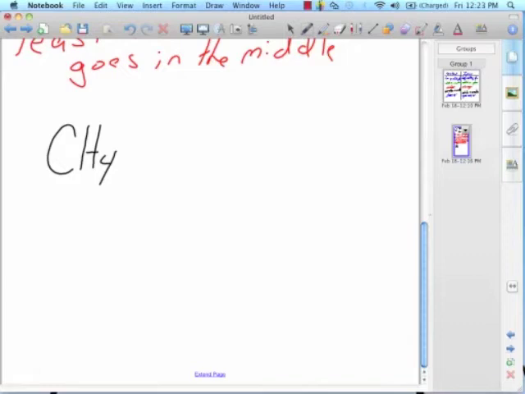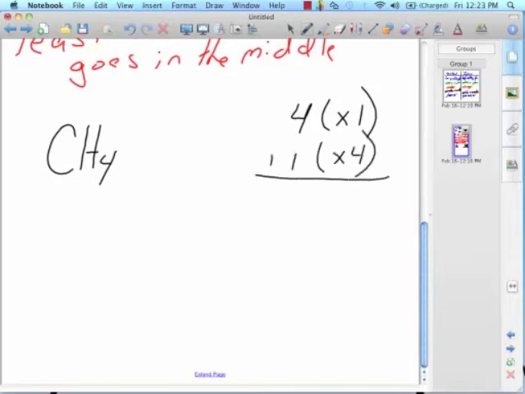Group 14 has 4. Then I'll put times 1 so we know there's only one of them. And it's hydrogen. How many valence electrons does hydrogen have? 1. And how many are there? So how many total valence electrons do I have? 8 total electrons.